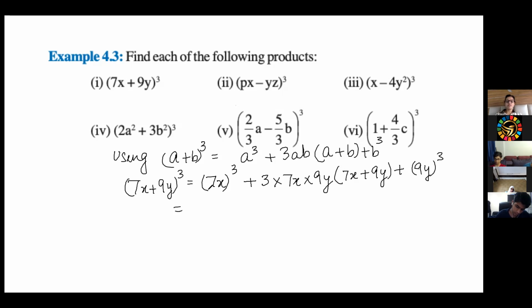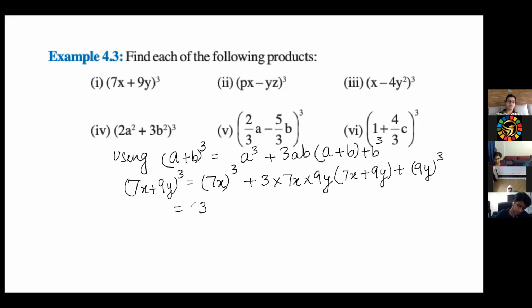Your answer is 7 cube. How much is 7 cube? Calculate 49 into 7. What is 7 cube? Anyone calculated? No?